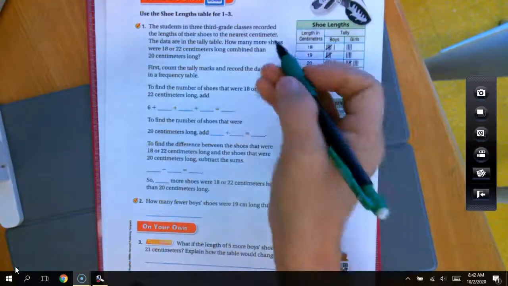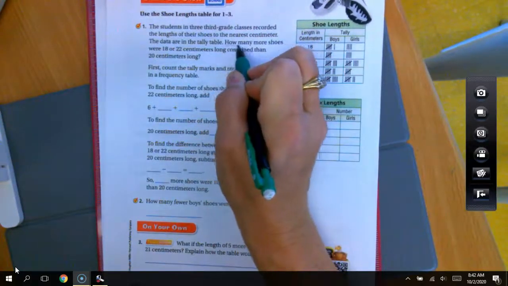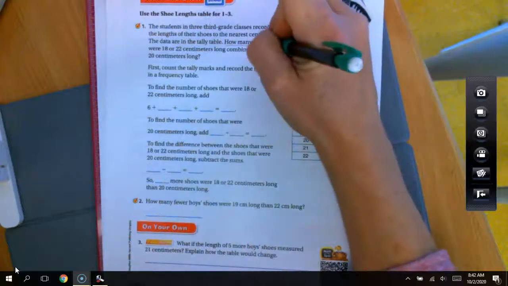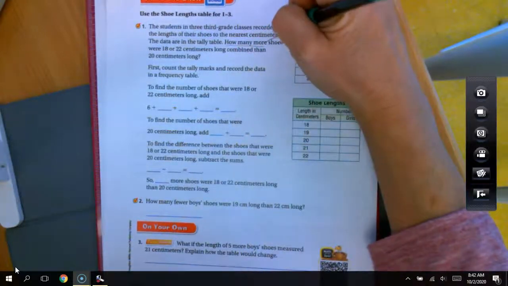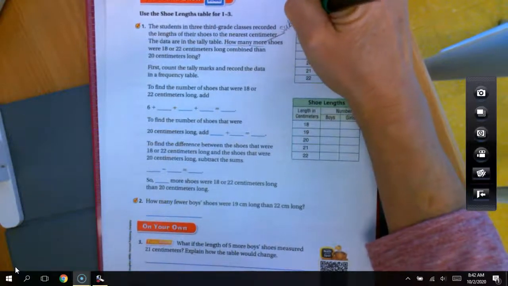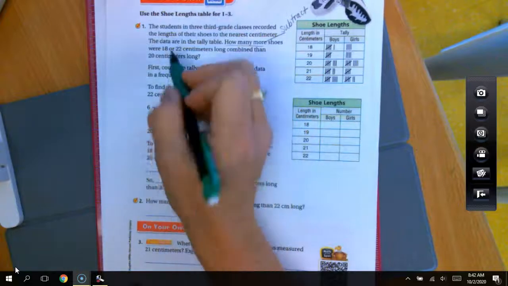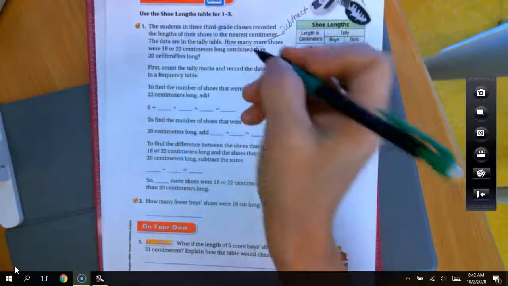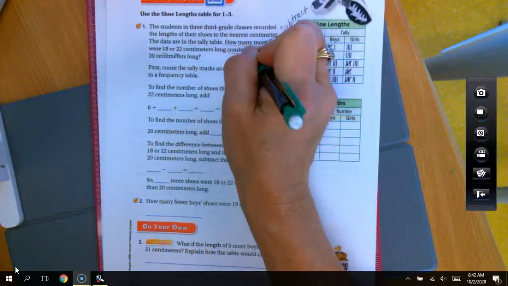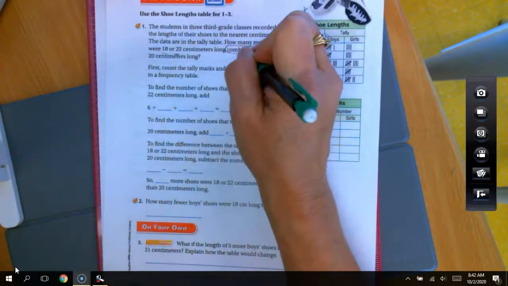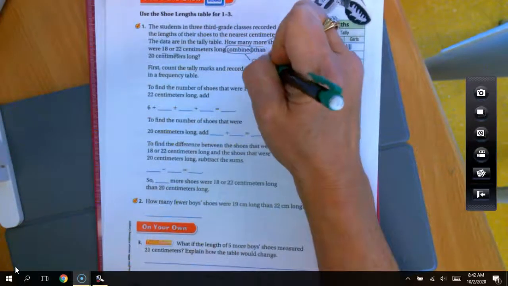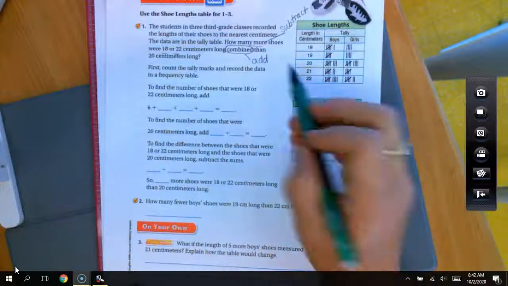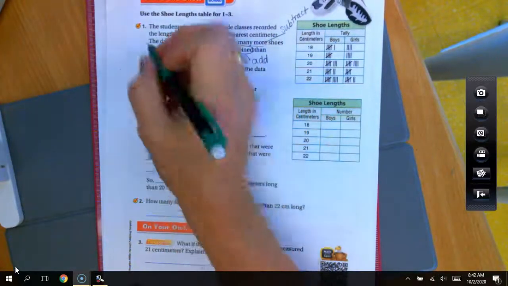So it says, how many more? I know that tells me to subtract. How many more were 18 or 22 centimeters long combined? The word combined tells me to add. Than 20 centimeters long.